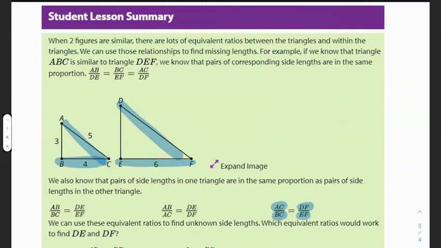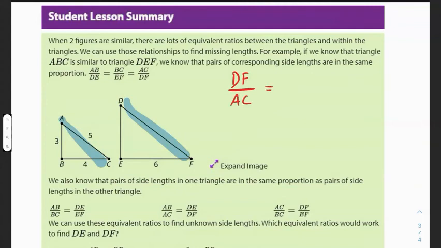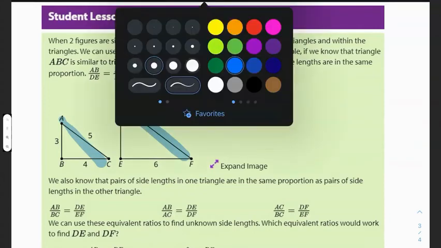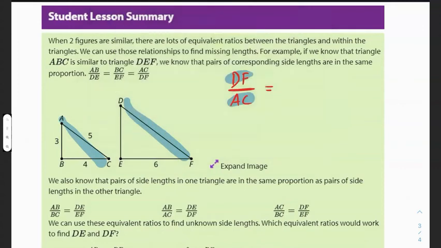Now, when you have proportionality statements, you can solve for those missing pieces. For example, let's say I want to solve for DF. DF is to AC, hypotenuse to hypotenuse, as EF is to BC, so the bases.